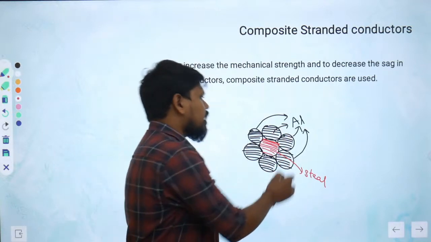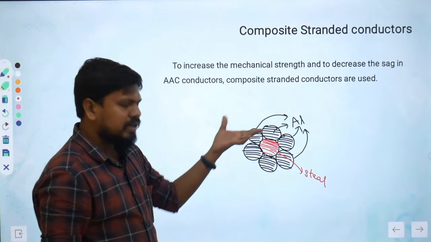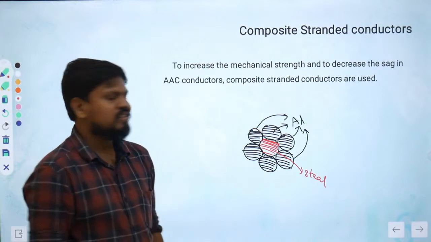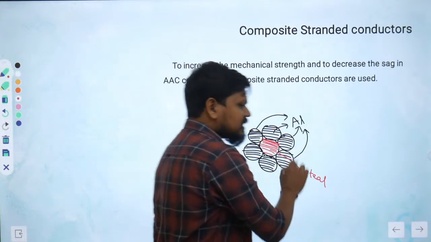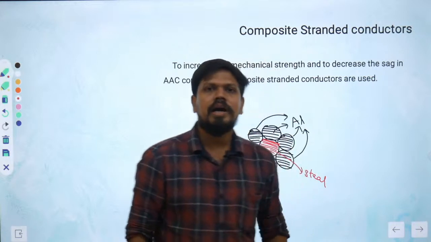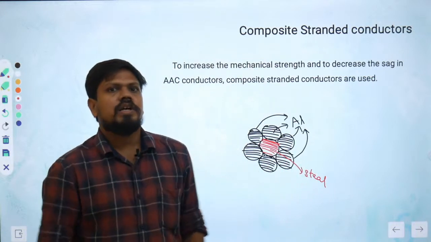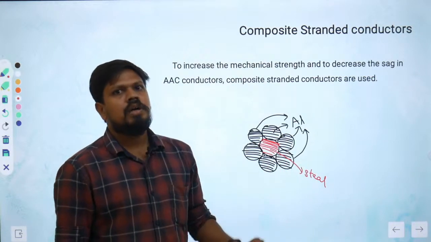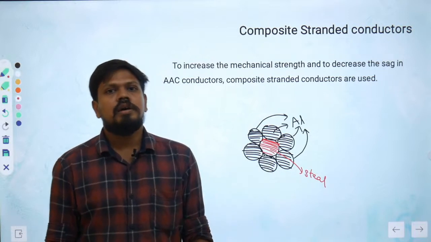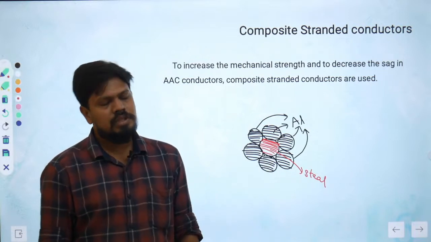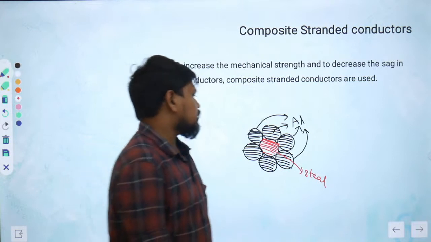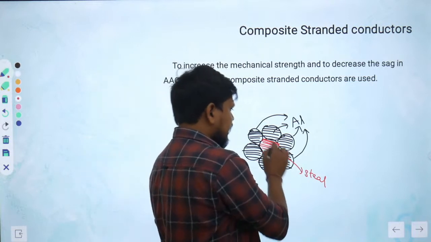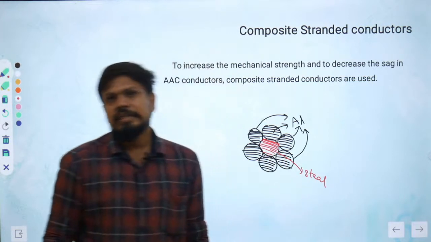One is aluminum conductor, one is copper conductor, like that we can use, but there is no use, okay? The conducting path must have good conductivity and it should be economical for us. Sag has to be less, skin effect has to be less, and corona loss has to be less. These all things will be there, okay? So that's why the inner one, the middle one, we are using steel conductor.